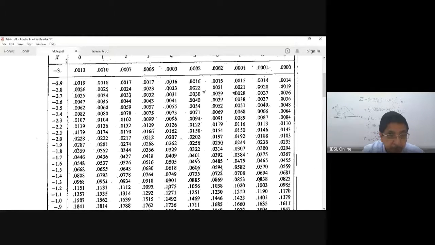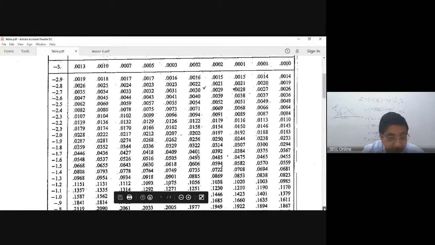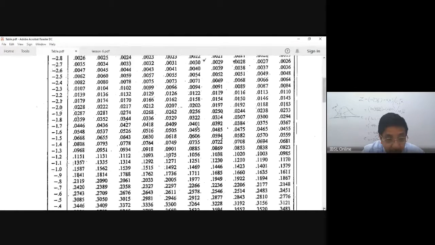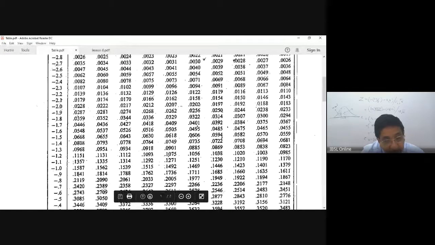Here you get the values and you have to be careful to select the value with the correct plus or minus sign. We found that Z is equal to minus 0.71, so you have to refer to this place. That is how we got 23.89. You can say it is very close to 24, so your probability would be 100 minus 24, that is 76. So the answer would be 76. In my lesson, I have put it that way.